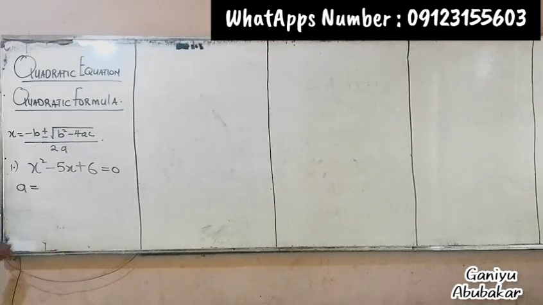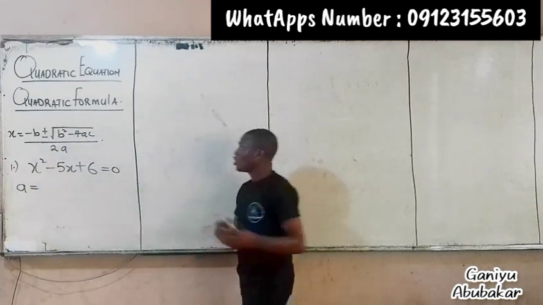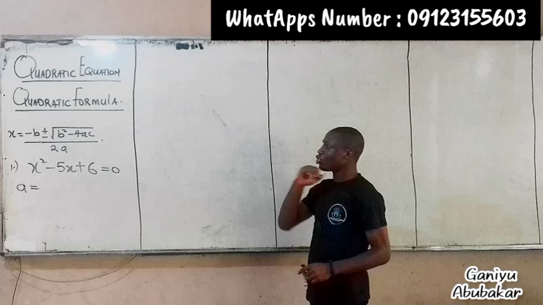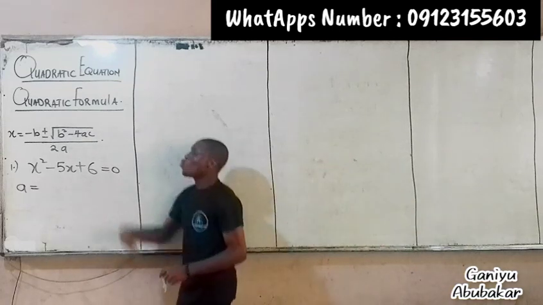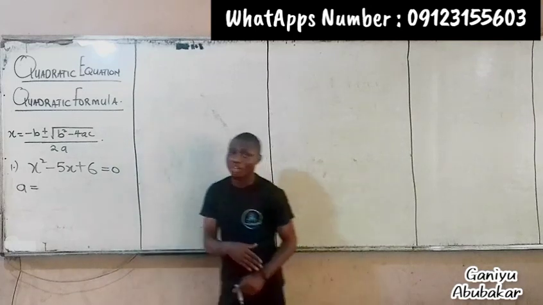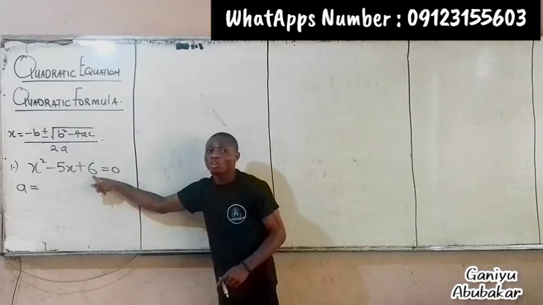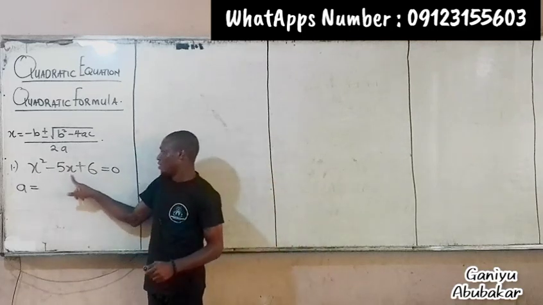From our initial class on quadratic equations, we define a as the coefficient of x squared, b as the coefficient of x, and c as the constant. Here, 6 is the constant. Minus 5 is the coefficient of x. There is an invisible 1 here.